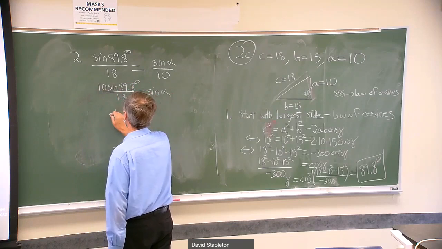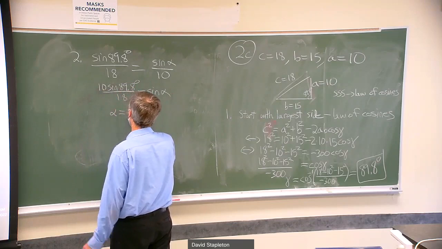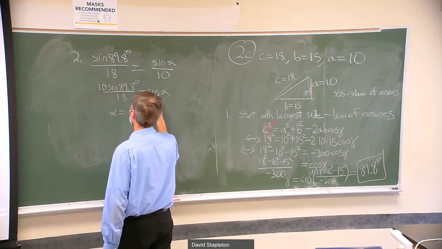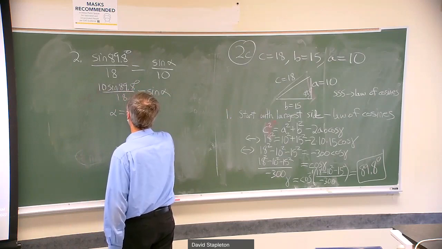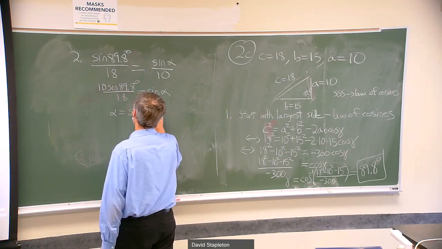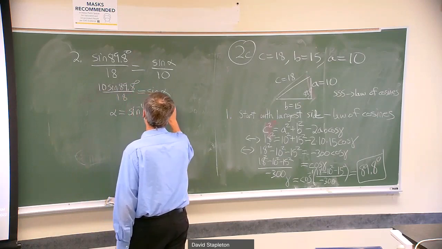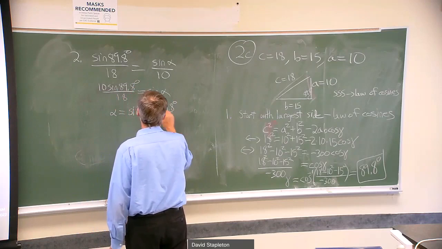And I write immediately, alpha is the arc sine. There's not a case of 180 minus, because this has to be an acute angle. Alpha is automatically the arc sine of sine 89.8 degrees.